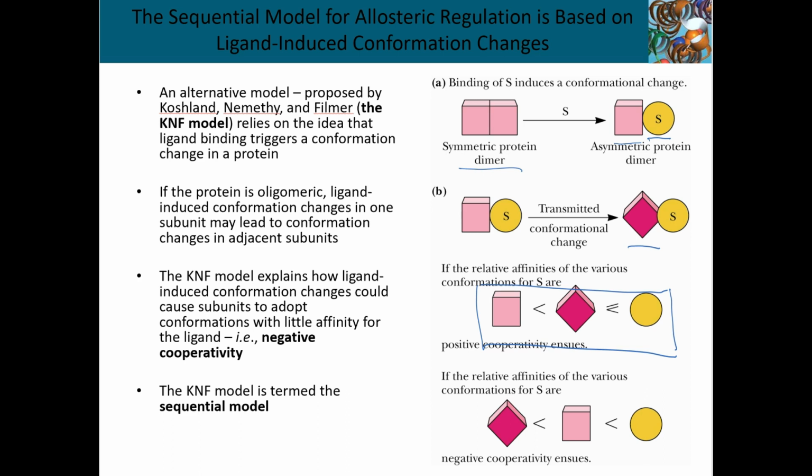However, if the relative affinities for the various conformations are ordered like this, where the substrate-bound dimer has greater affinity than the symmetric unbound monomer, but it has a greater affinity than the modified transmitted conformational change, then this would be considered a negative cooperativity.